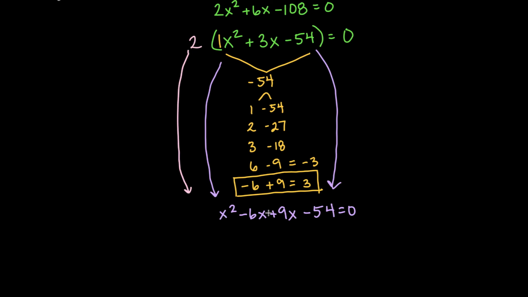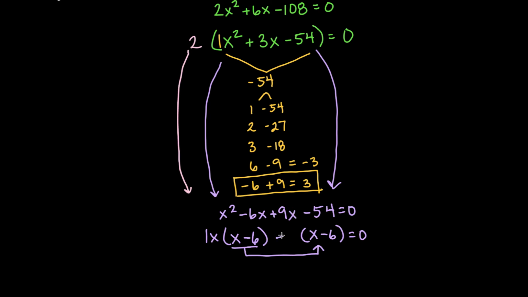So what can we factor out of x squared and 6x? It's just a 1. x times x minus 6, because x times x is x squared, x times negative 6 is negative 6x. I'm going to copy this as x minus 6. So what times x minus 6 will give me 9x?